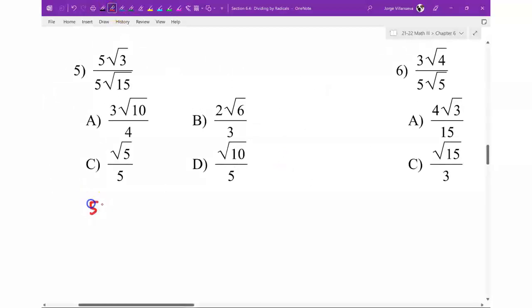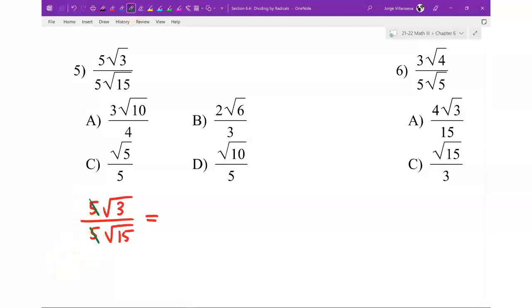So this one's a little different. Now, you should notice that there's 2 5s on top and bottom, right? So you can get rid of that. All right, so let me go ahead and rewrite this. Radical 3 over radical 15. Now at this point I say, all right, 3 and 15, I could reduce that.